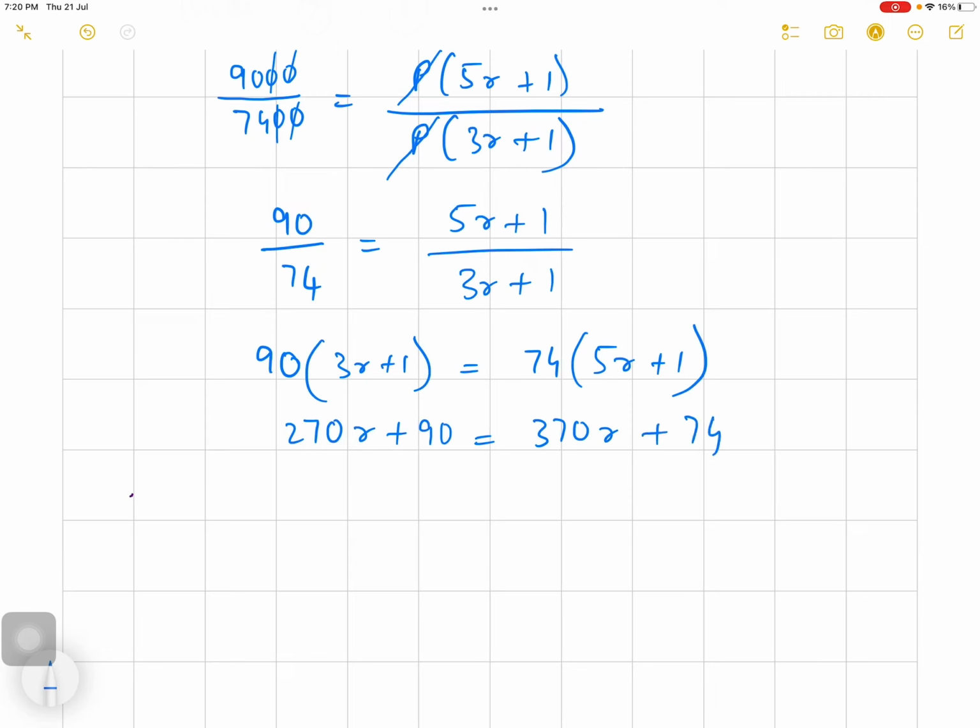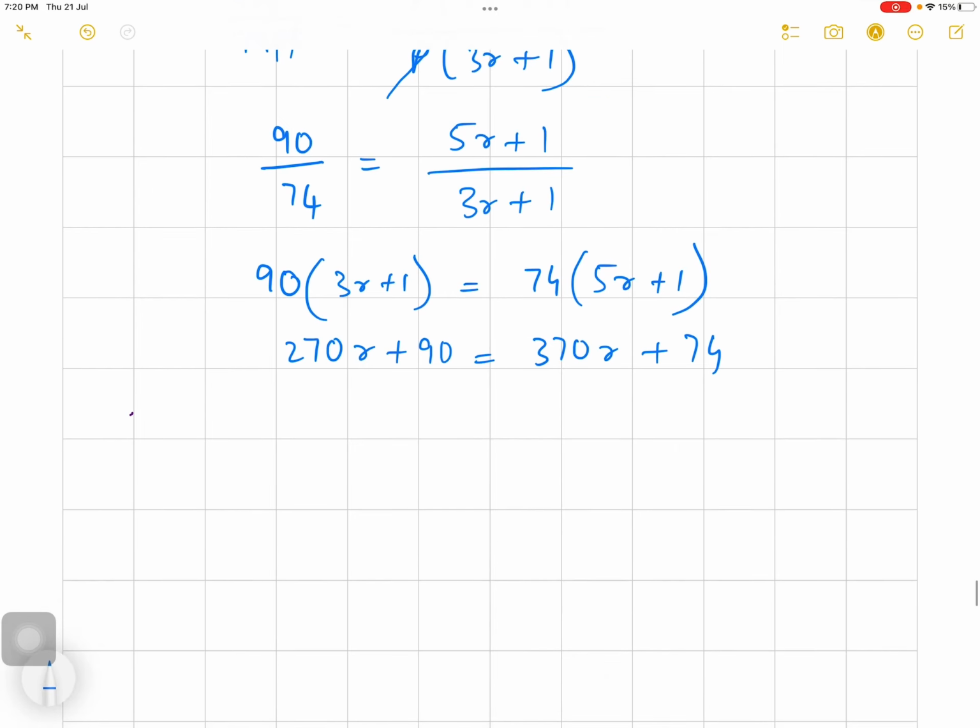R terms I'll bring to one side and number terms to the other side. So it will become 270R minus 370R is equal to 74 minus 90.